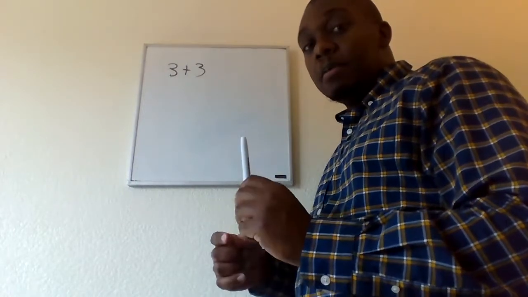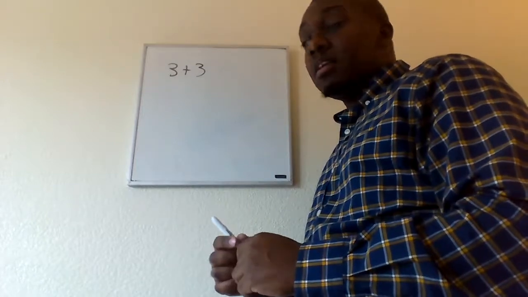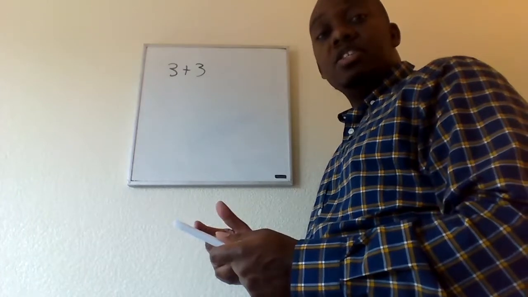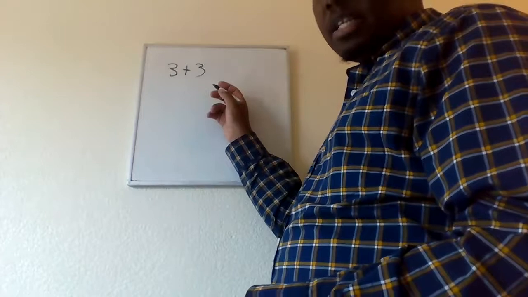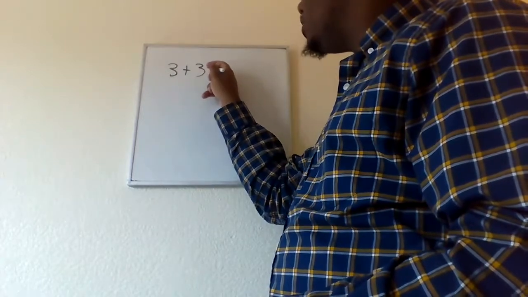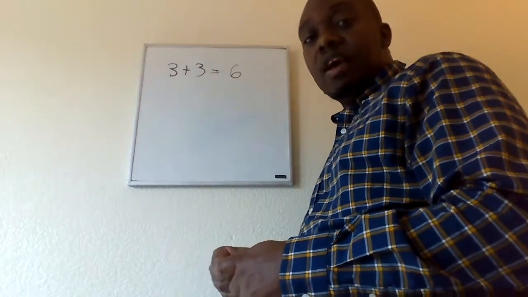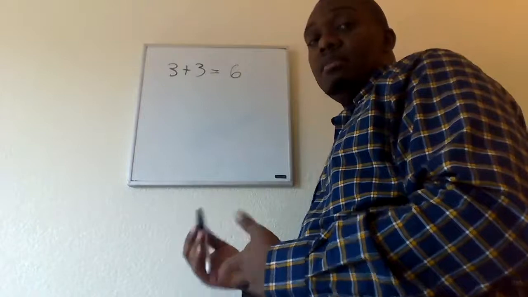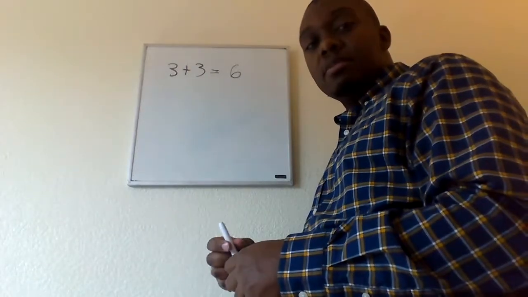Yes, they are, because remember, integers are whole numbers, positive and negative versions of them. So 3 plus 3 would be an addition of integers. You already know how to do these. This is just whole number addition. We add these two numbers together quite simply: we had 3 and add 3 more, you got 6. That's pretty plain and simple.